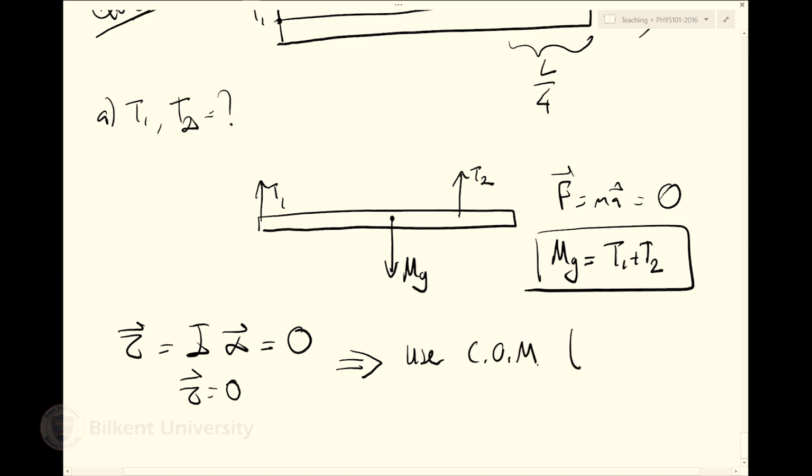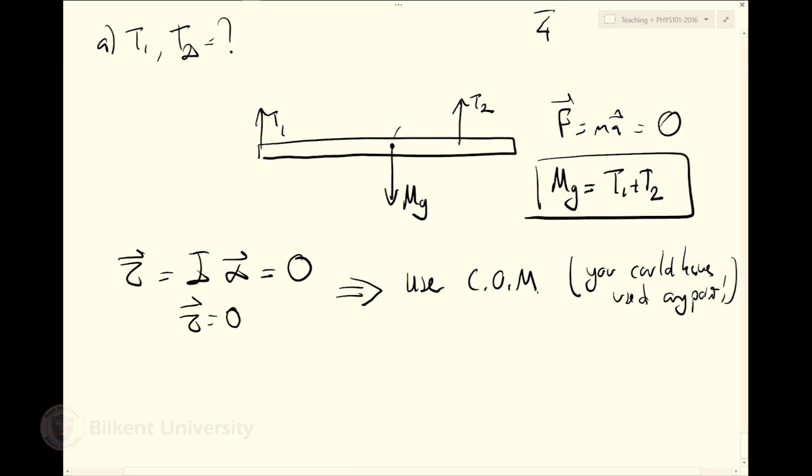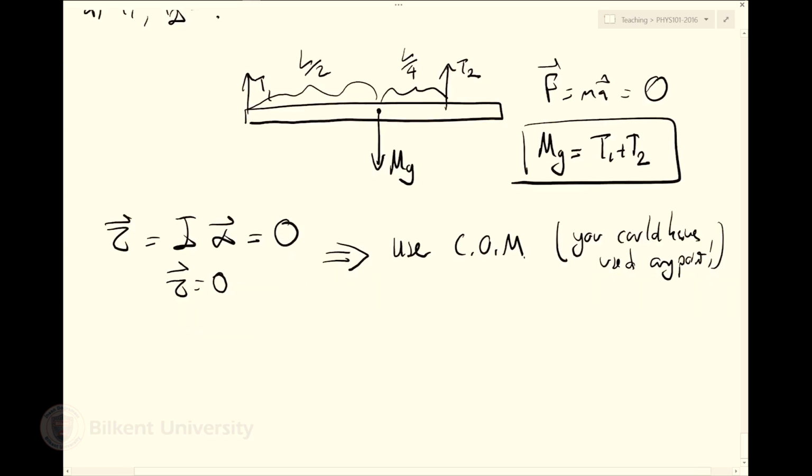But in this problem, you could have used any point. So let's use center of mass. What's the torque of T1 and T2? Let's find these distances. This distance is L over 2. This distance is L over 4.